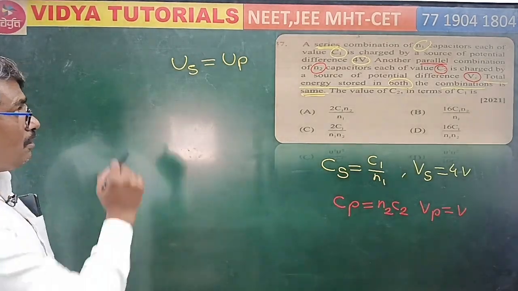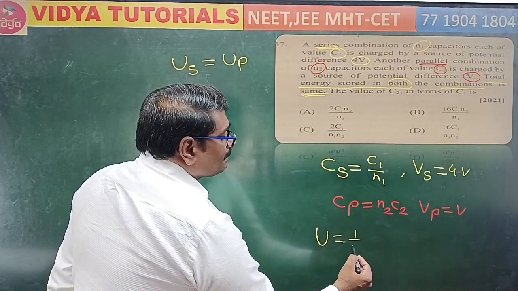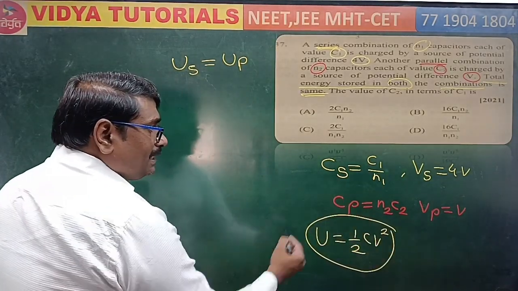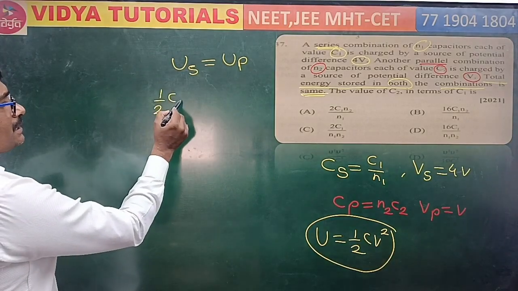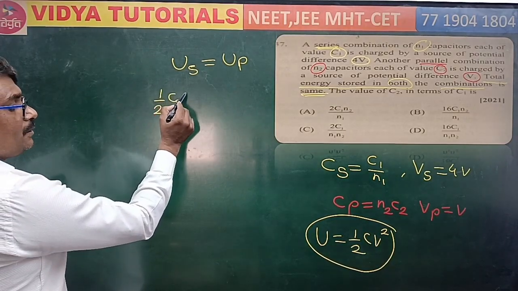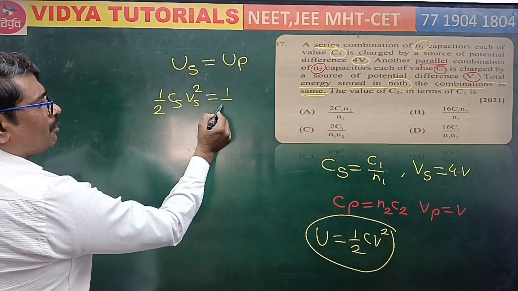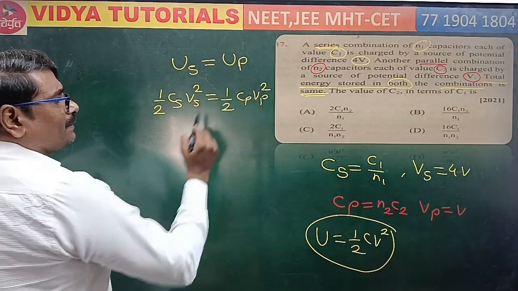Now we know the general formula of energy is 1 half CV square in terms of V and C. Because of this, in series the formula becomes 1 half Cs Vs square, and for the parallel combination, 1 half Cp Vp square.